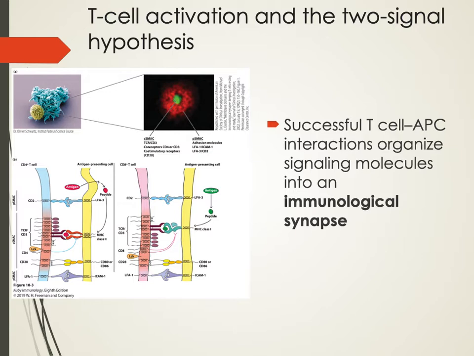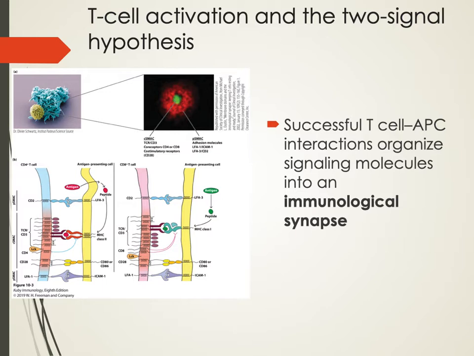So we can see here on this figure, on our panel B, on the left-hand side, we have our CD4 T cell, and you can see the different surface molecules that we have. So we have CD2, CD4, CD3 complex. We have our T cell receptor.